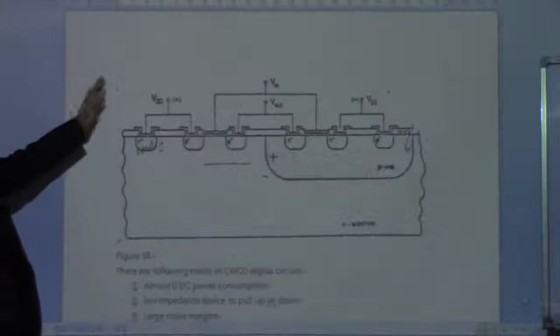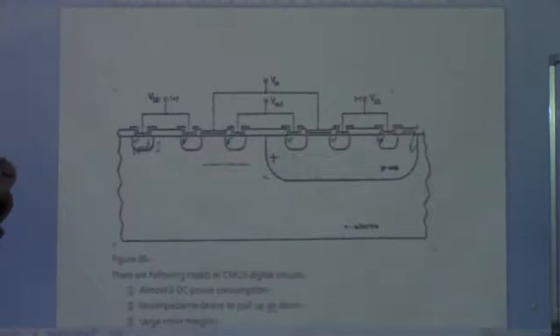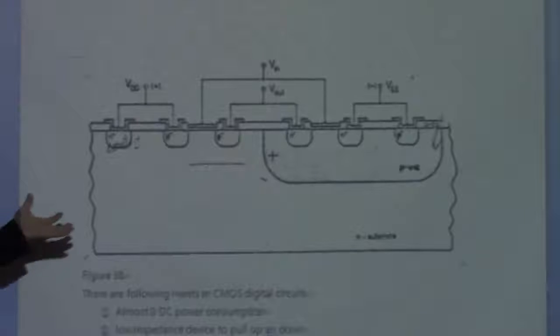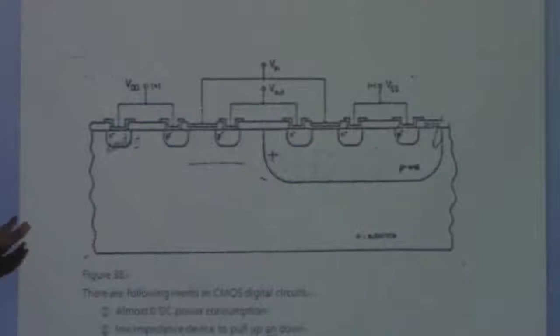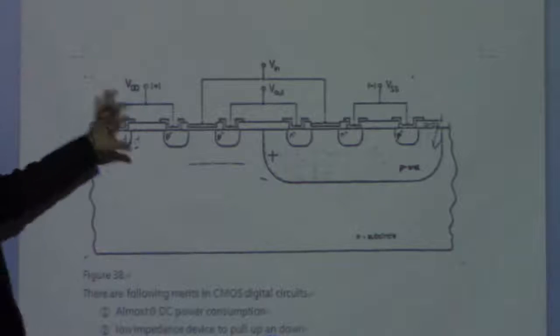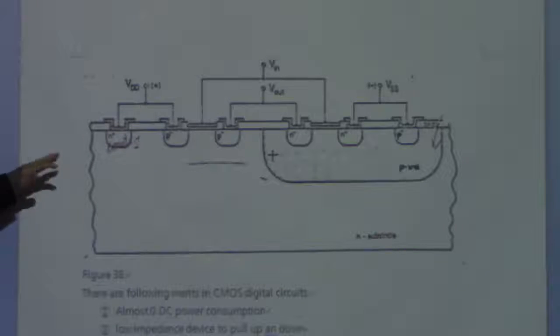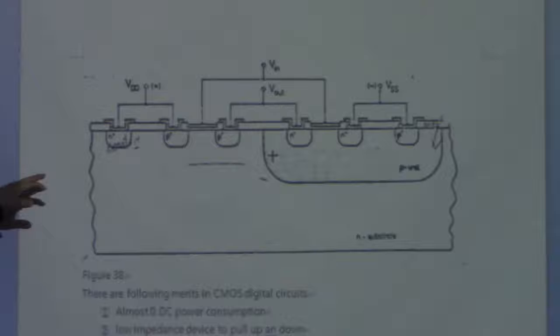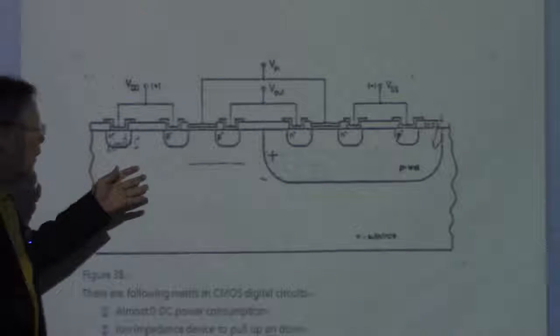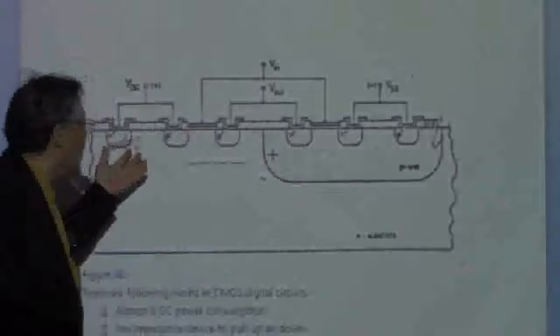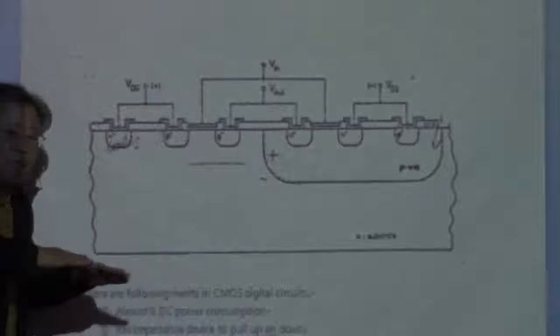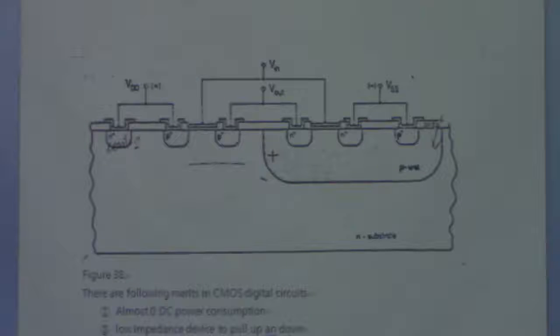Almost all of the current memory devices are made out of this CMOS structure, complementary MOS. It consists of NMOS and PMOS at the same time on the same substrate, and that is going to be called CMOS.